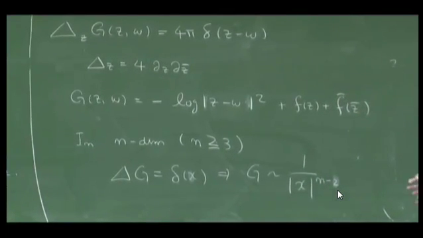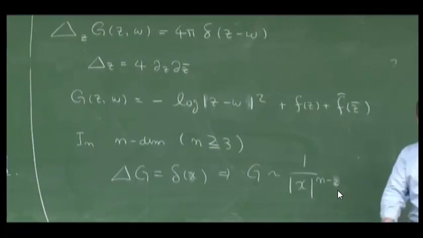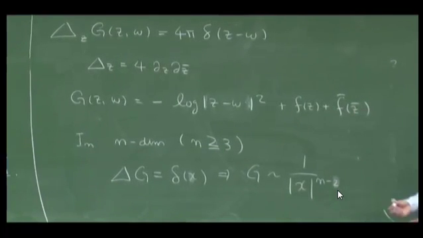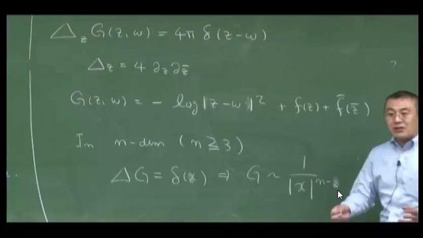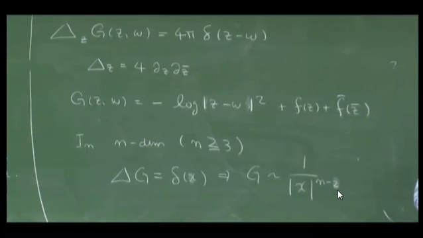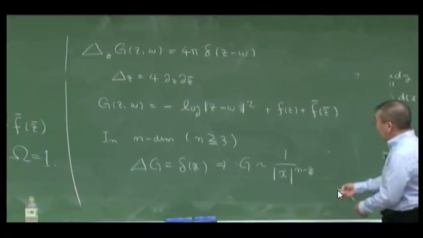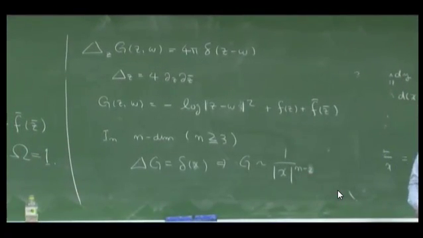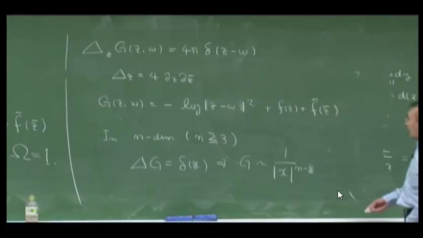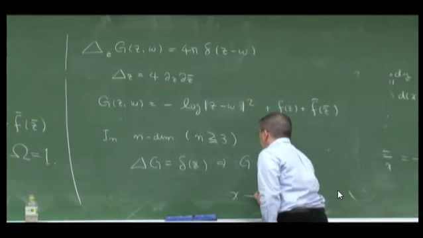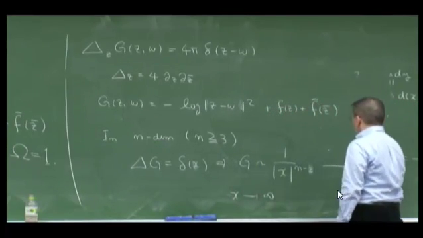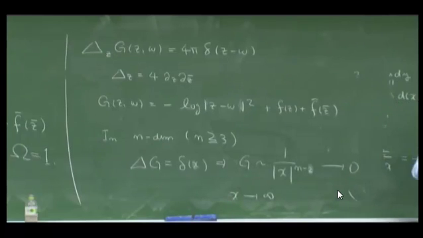So for example, in 3 dimensions, as you know, if you solve the Laplace equation with source in 3 dimensions, you get 1 over r, the Newtonian potential or Coulomb potential. So in higher dimensions, you have a higher power in the denominator. So that means that as x goes to infinity, the effect of the source decays by a power.